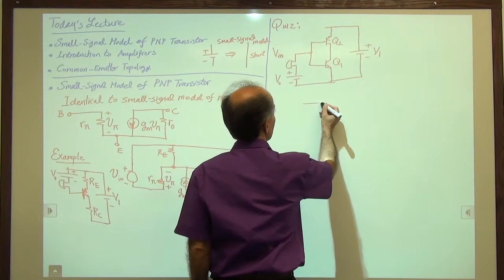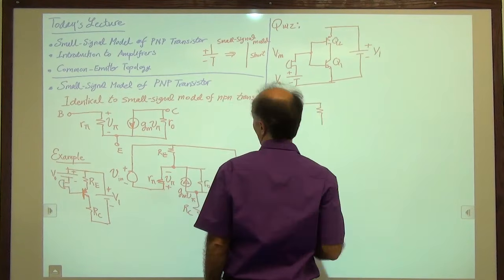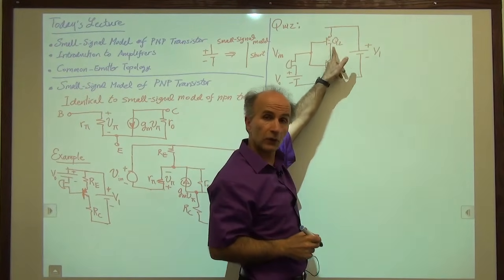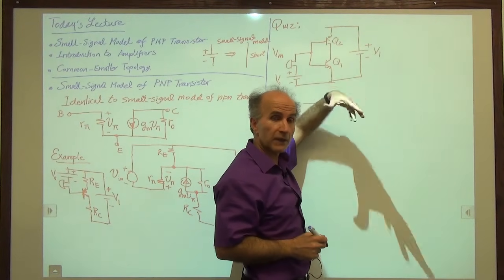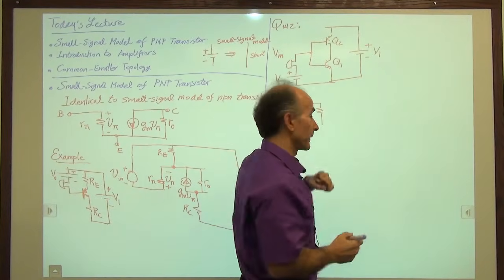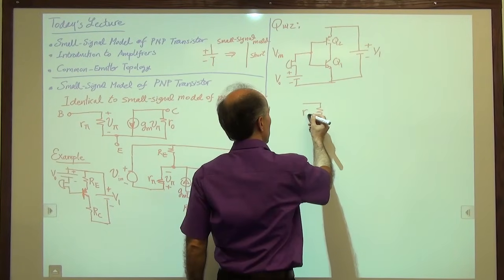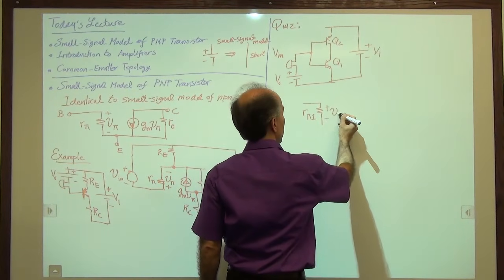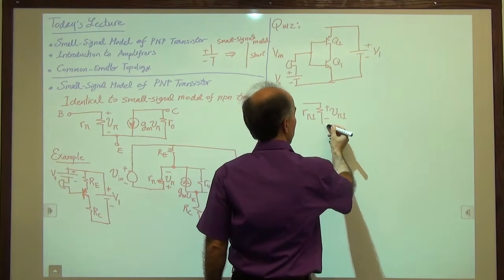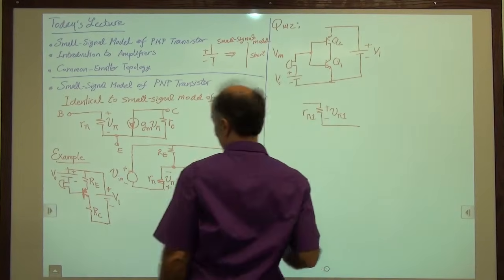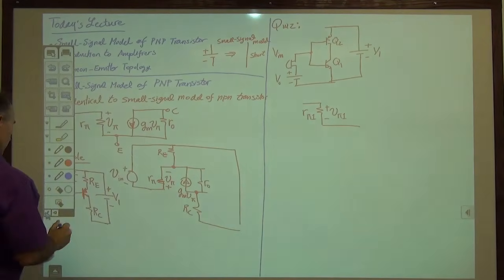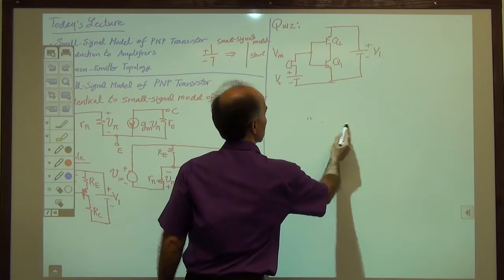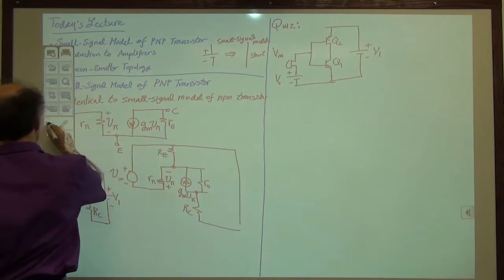So we draw R pi. The only things that I know, I will have an R pi for Q1 and another for Q2. So why don't we give these numbers to avoid confusion? So we'll call this R pi 1 and the voltage across it V pi 1. Then, sorry, let me draw this lower because I will need space for Q2. So let's draw it lower.